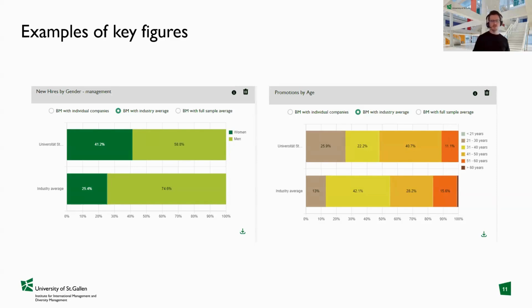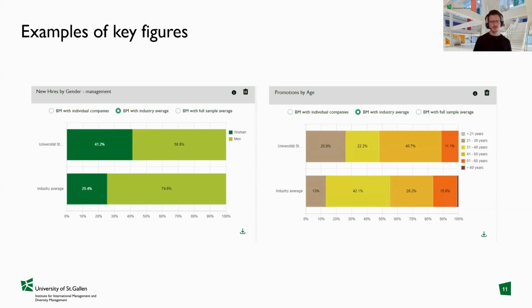On the right-hand side, you see promotions by age. You have different age groups represented by the different colors. You can see the distribution of the promotions for your own company in the upper bar, and in the lower one you can see the industry average.